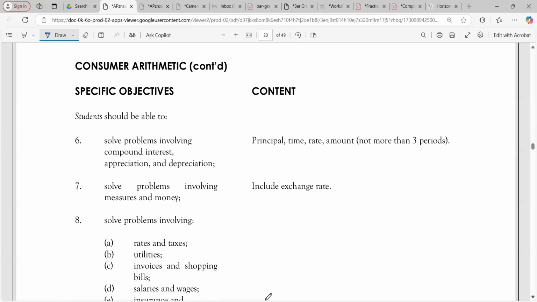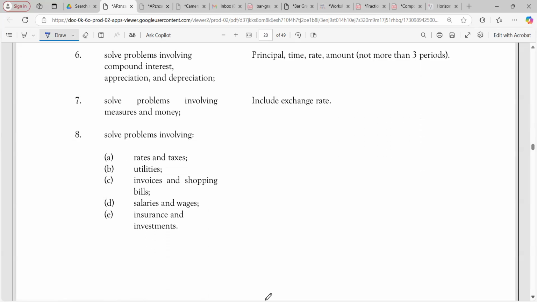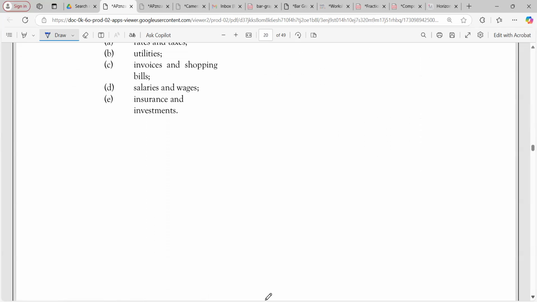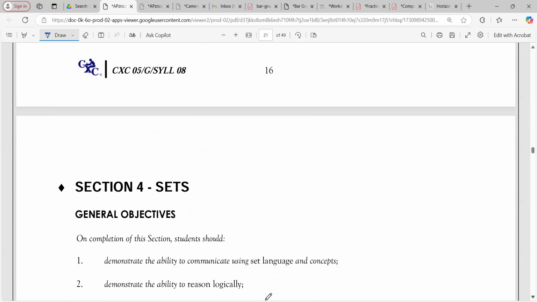Sometimes these are ignored. See there, rates, taxes, utilities, invoices and shopping bills, salary and wages, insurance and investment. Also, compound interest is one of those topics that is also under consumer arithmetic.